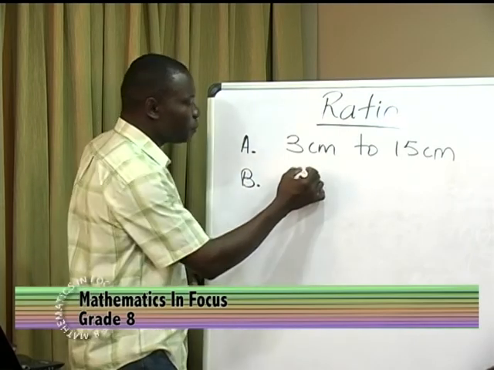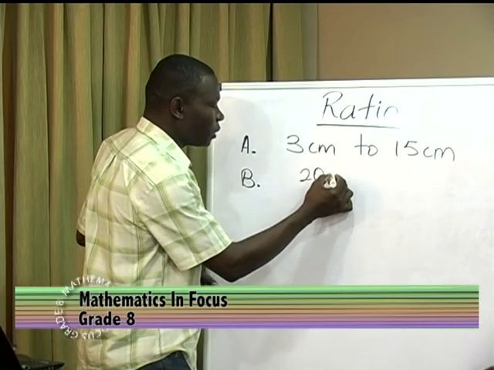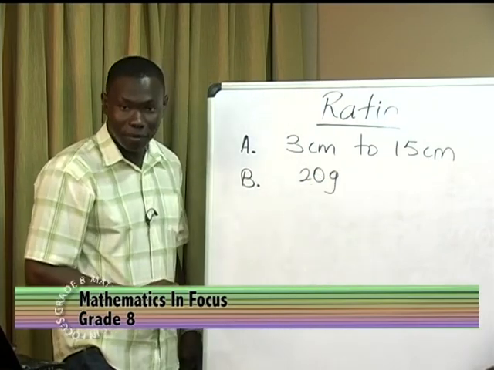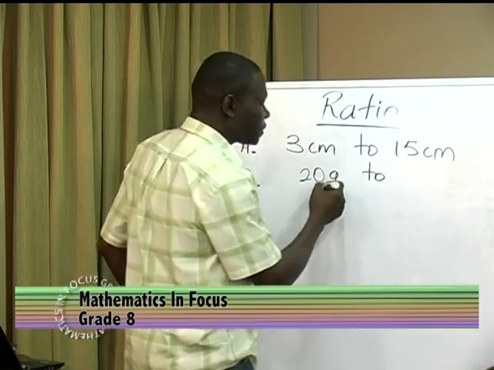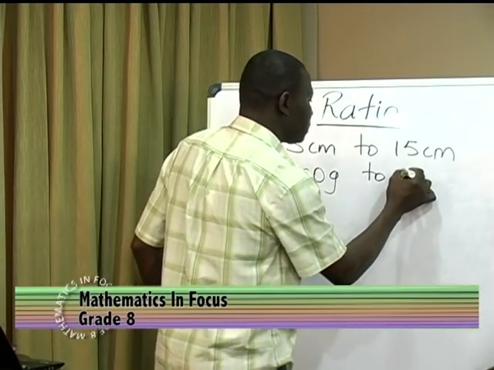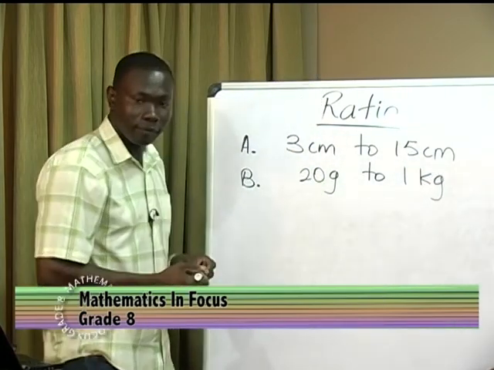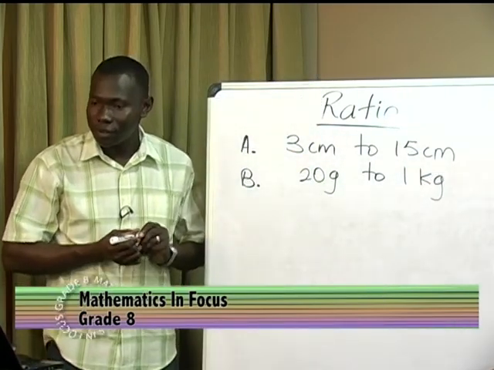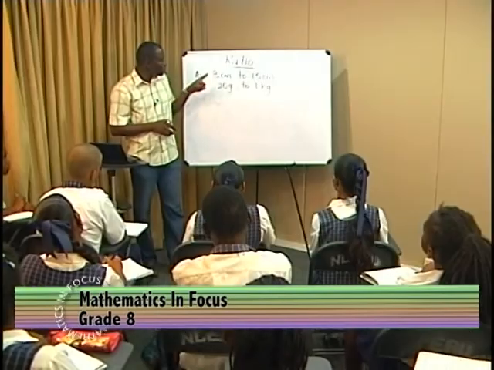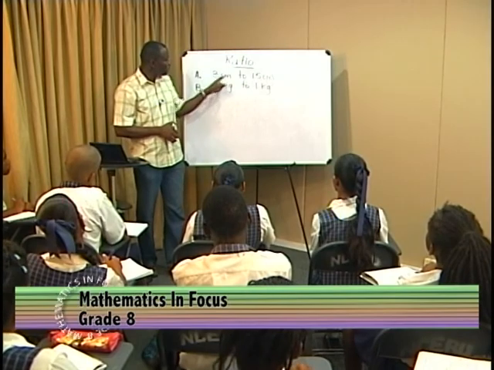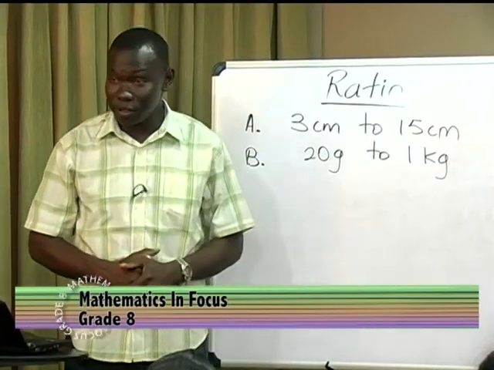Let us look at another example. Let us say you have 20 grams and you want to compare 20 grams to, let us say, 1 kilogram. Now, question. Observe here, we are comparing these two, but both of them were speaking about the same thing.